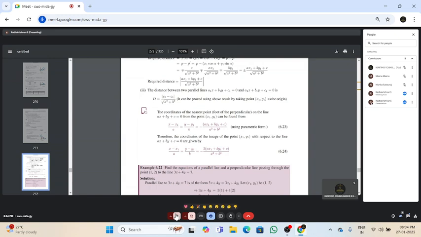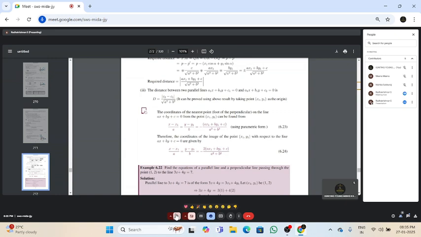So here first to find out x, you have to find x minus x1. What is x1 here? 1. X1 is 1 over a. What is a here? A is 1, because ax plus by plus c equal to 0, so a is 1, b is 2, c is minus 4. So put a equal to 1, equal to minus 2 into ax1. What is ax1? A is 1, x1 is 1.